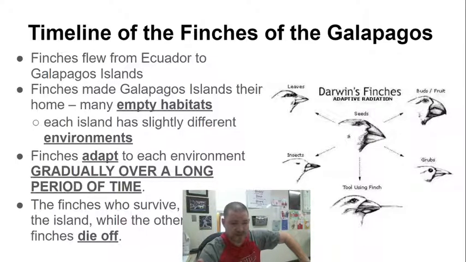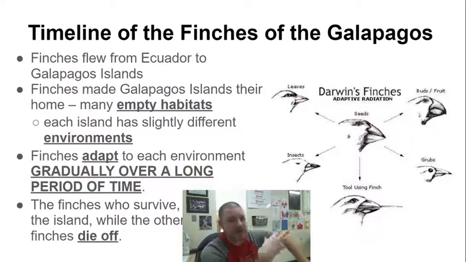basically repopulate the area. The finches then, over time, adapt to each environment gradually over a long period of time, where the ones that were successful and had good beaks for eating the food, they were the ones that lived. Since they were the ones that lived, they passed on their genes to the next generation. The ones that had the bad beaks, so to say, that could not eat food, they ended up dying off.